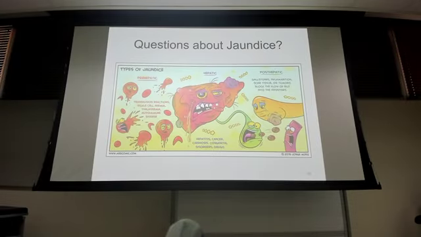And here's one of the cartoon slides, same deal, just showing you the types of jaundice, whether it be before conjugation, after it's conjugated in the liver, or if it's already conjugated in the liver and moving into the gallbladder or the intestines.